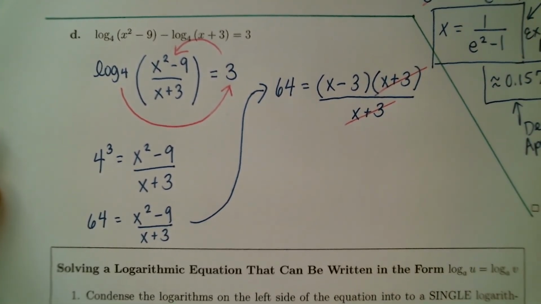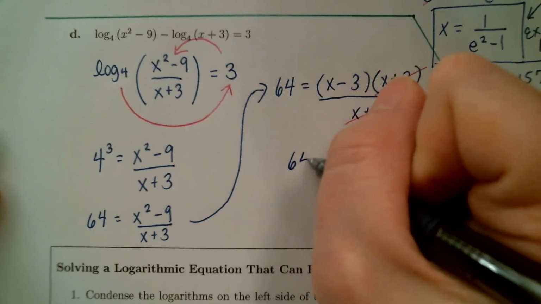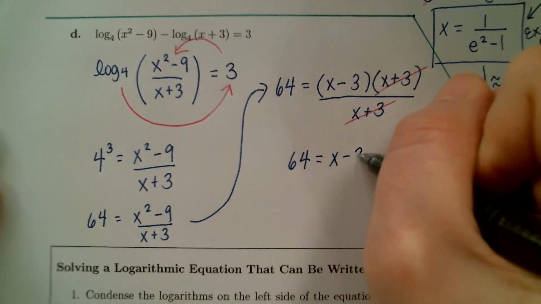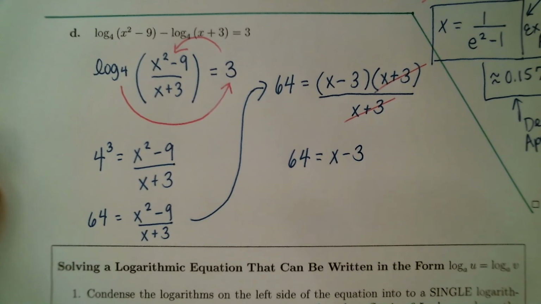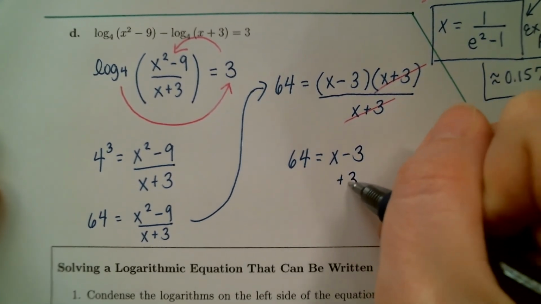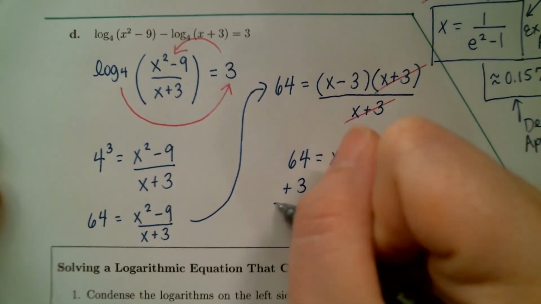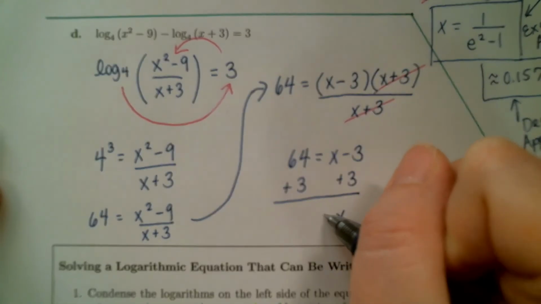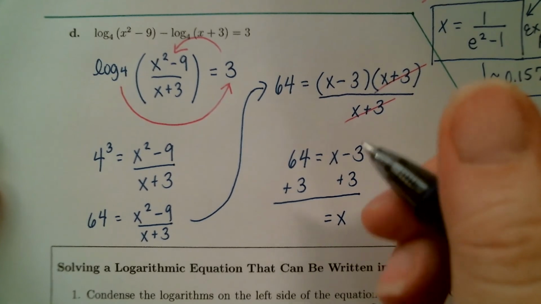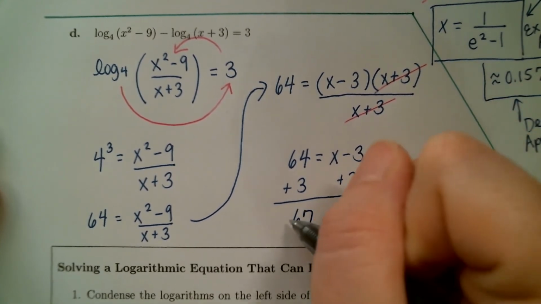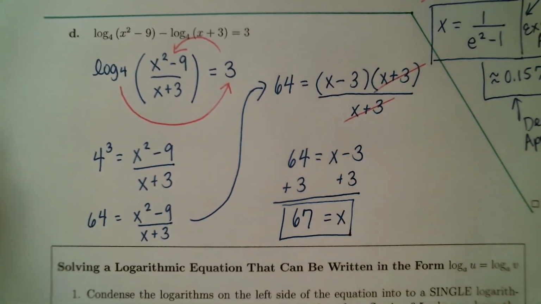They cancel, and so I'm left with 64 equals x minus 3. If I want x, I just add 3 to both sides, and I get that x is equal to 67. That is the solution to my problem.